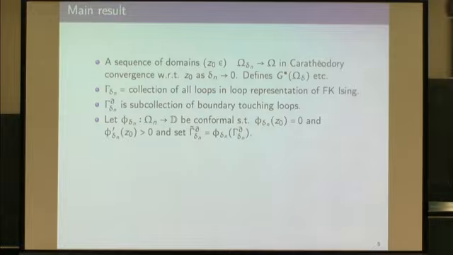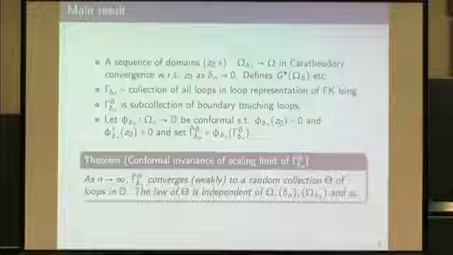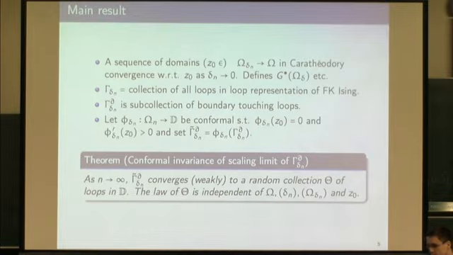And then I map my collection to the unit disk, and this is the result on conformal invariance. So I say that this collection of loops converges in a suitable sense to some random collection of loops in the unit disk, and the law of this is independent of how I chose the continuum domain or how I chose to approximate this domain.